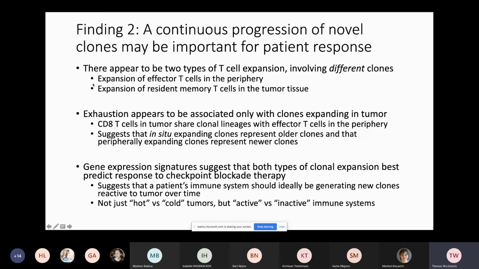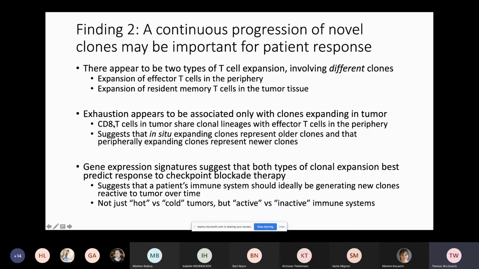This idea is supported by our finding that there appear to be two types of T cell expansion involving different clones: the expansion of effector T cells in the periphery, and the expansion of resident memory T cells in the tumor tissue, and that exhaustion appears to be associated only with this tumor-specific expansion.